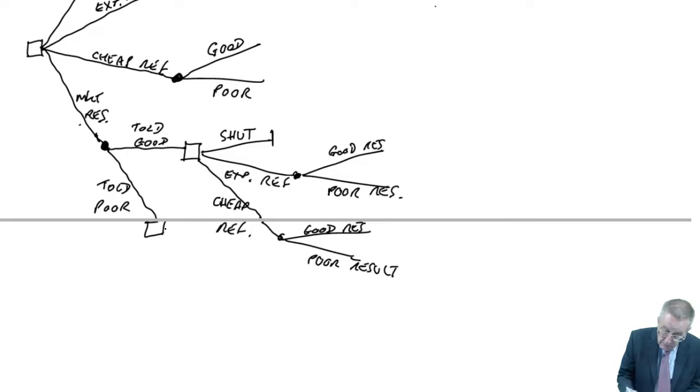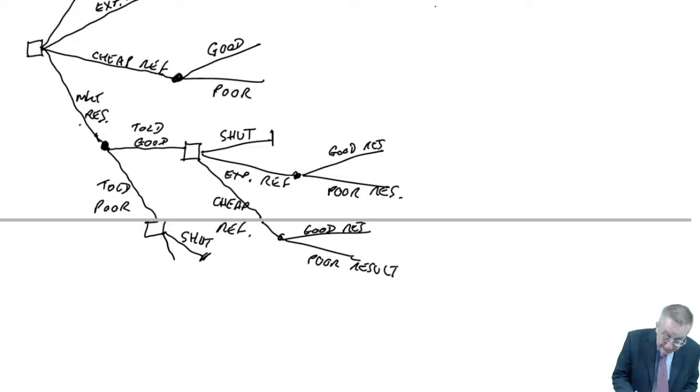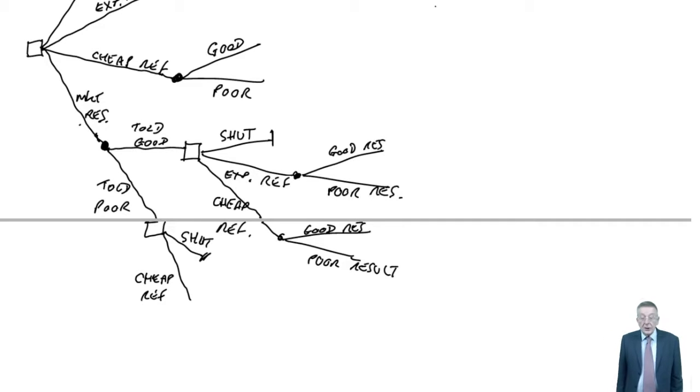We'll still have the choice, so a box. We're going to still be able to shut. And that's the end of it. Or we could do the cheap refurbishment. Now, of course, if we decided to shut, that's the end.